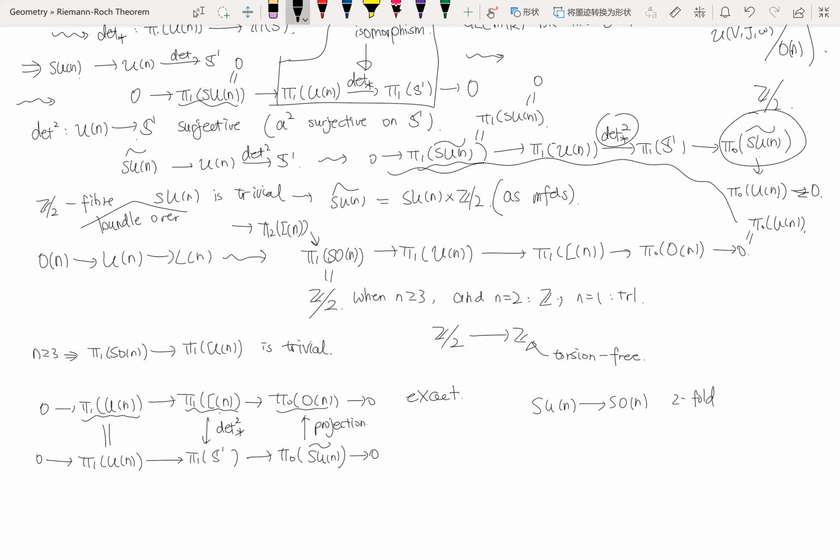No, it is universal. Yeah, SUN is a twofold covering of SON. Is it right?